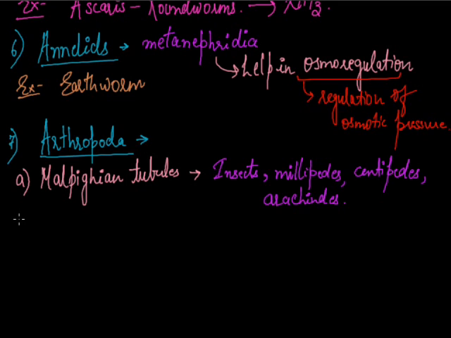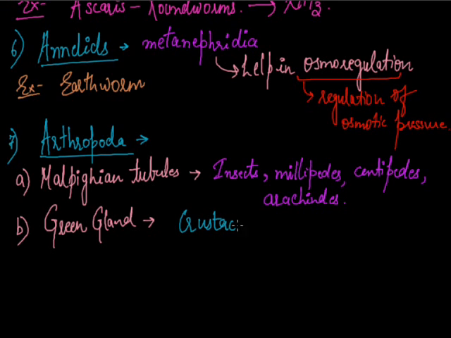The next excretory organ of arthropoda is the green gland, which is for the subphylum Crustacea. A member of this subphylum is prawn.